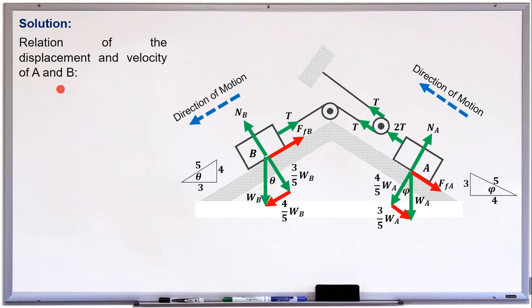Next, we will determine the relationship for the displacement as well as the velocity of block A and B. This is very useful, especially when working with the work energy equation. It's because for the work energy equation, you need only one unknown in order to solve the requirements.